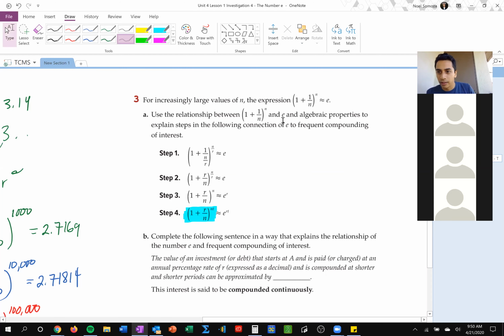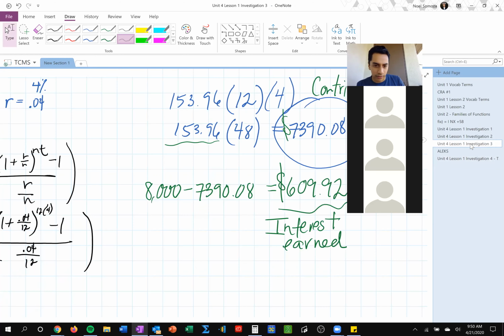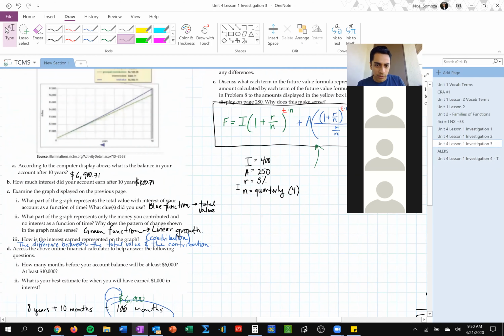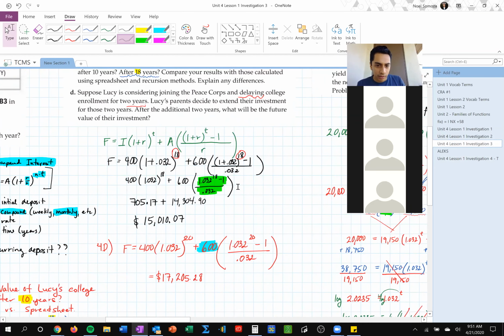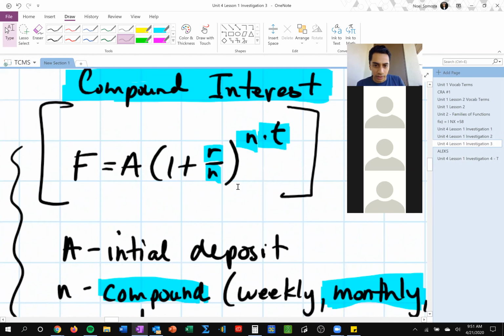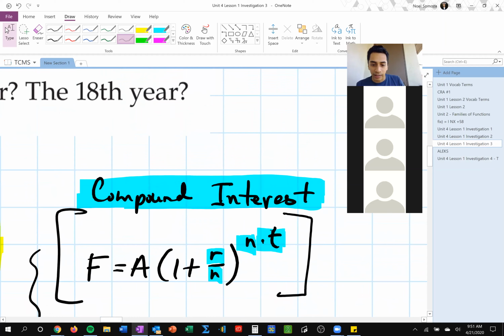If we go back to our notes from investigation 3 when we first started, I have it saved here. Before we got to the really complex formula, which had the recurring deposit, we had the compound interest formula. Take a look at that: 1 plus r over n to the n times t power.